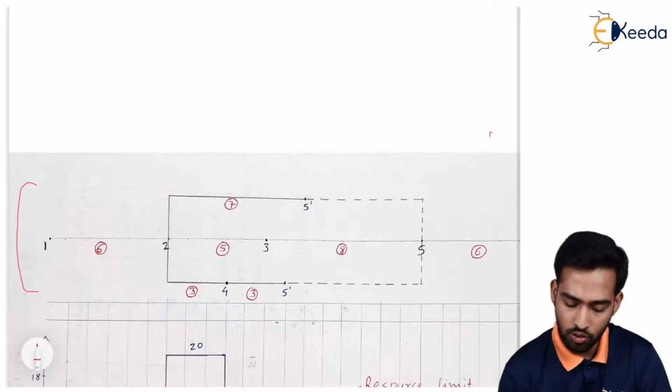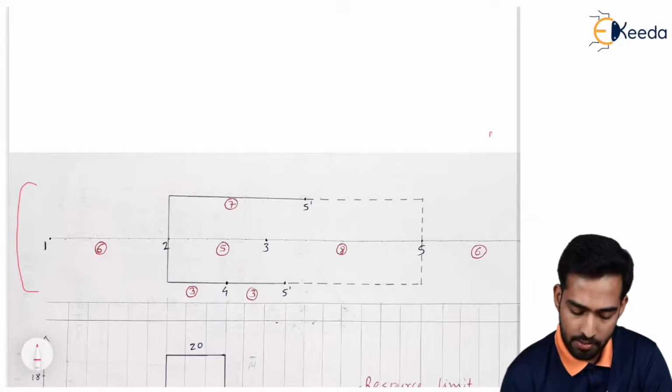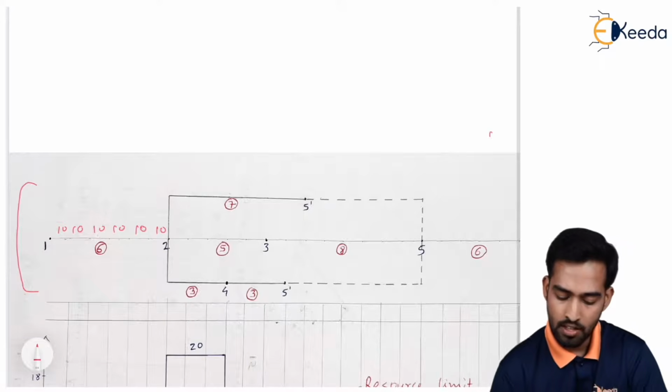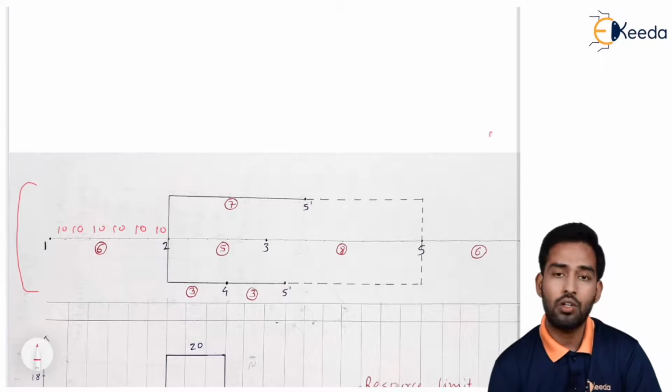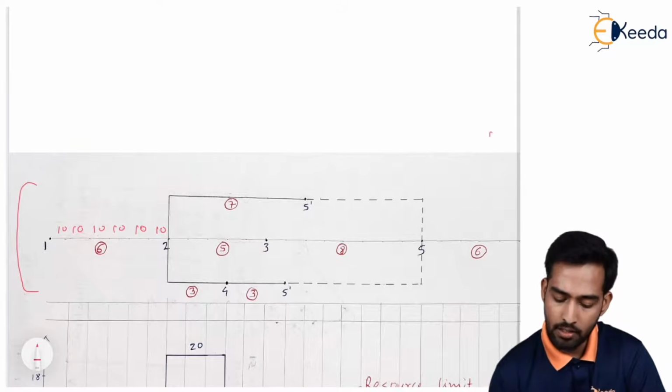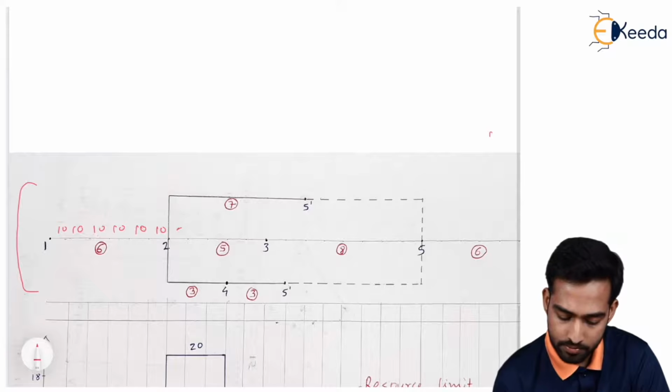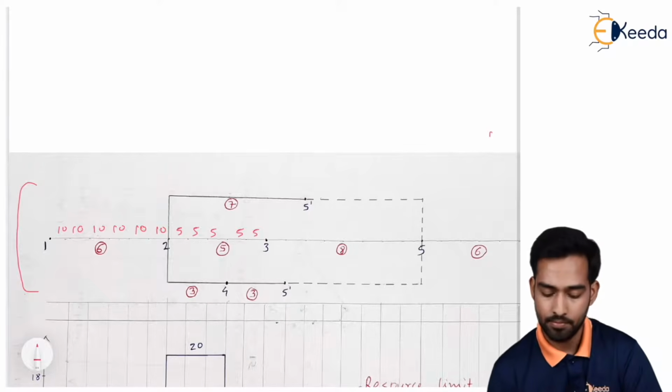For activity 1, 2 we require 10 machines each day. So likewise, each day 10 machines will be required. Same for your activity 2, 3: we require 5 machines, so you can write down 5 over each day.